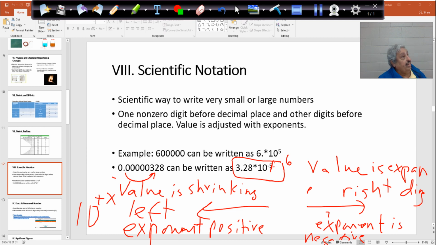In the other direction, I can make it positive. So how many? 1, 2, 3, 4, 5. 6 to the power 5.